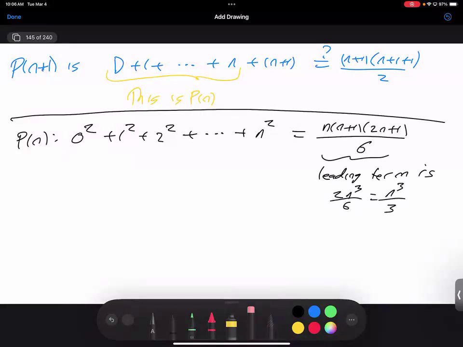On this side, we have the sum, k goes from 0 to n of k squared. How can you approximate a sum? You should have seen this in calculus. How do you approximate a sum?